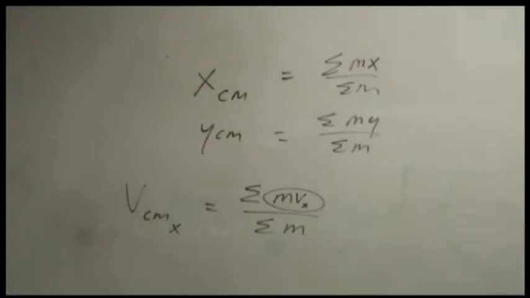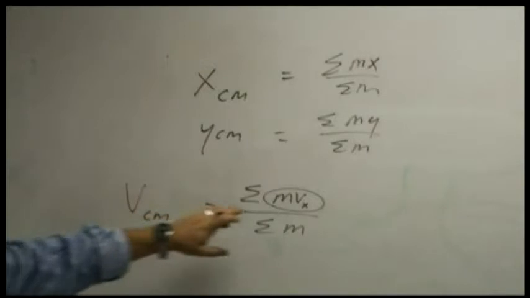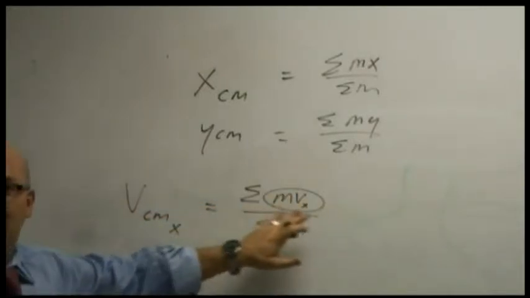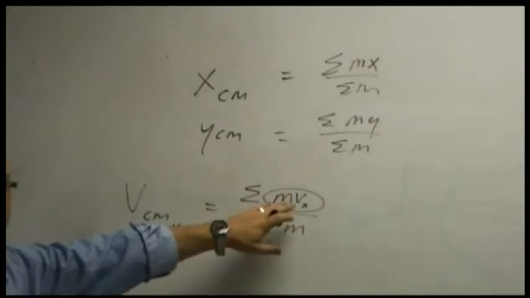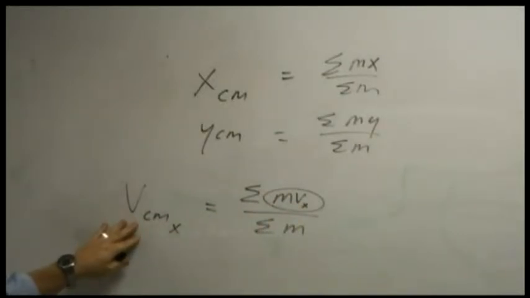So, in the absence of outside forces, if there's no outside forces, that means there's no accelerations. If there's no accelerations, the velocity stays constant. If the velocity stays constant, that means that even though individual parts of the system may be changing velocity or momentum, the velocity of the center of mass of the system never changes.